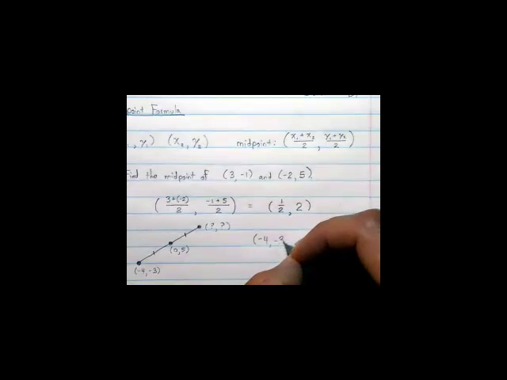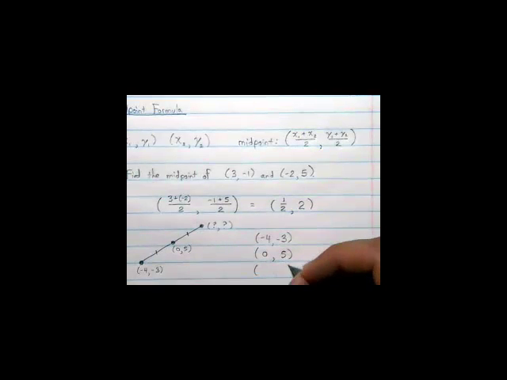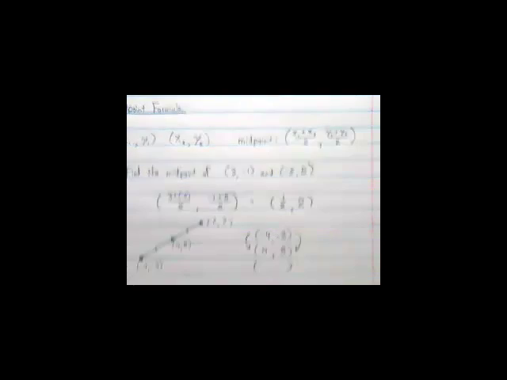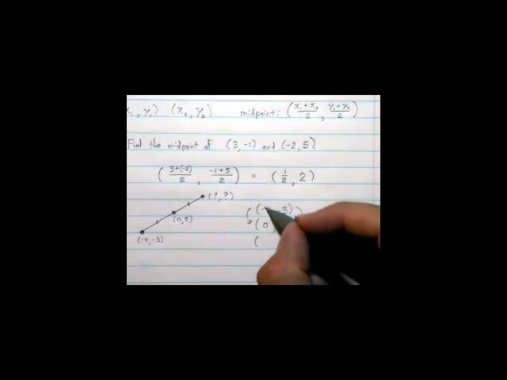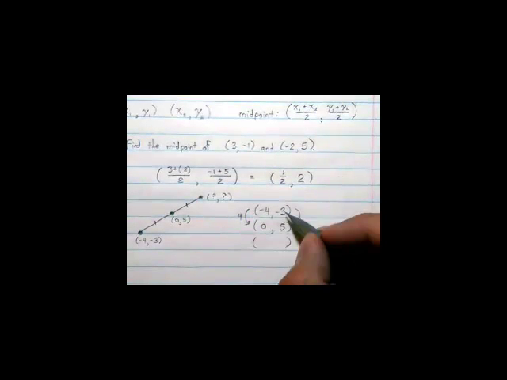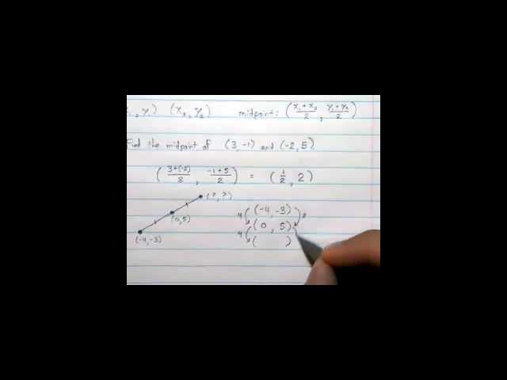Here's how I showed one of my classes in the past, and it seemed to work pretty well. I lined them up. I put the midpoint in the middle, and then we talked about how far you are going from each one. From -4 to 0, I went 4. From -3 to 5, I went 8. Then I got to do it again. Another 4.